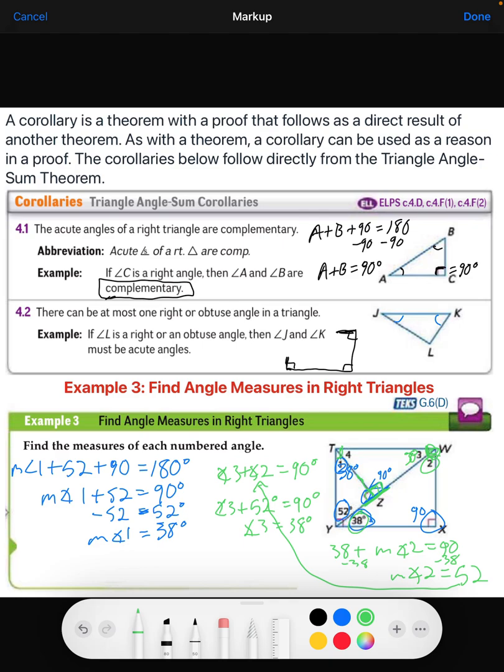So angle 4 and angle 3, these are our acute angles in our right triangle here, are going to be complementary. So angle 4 plus 3, and we said 3 is 38 degrees, equals 90 degrees. So angle 4 equals 90 minus 38, or 52 degrees.